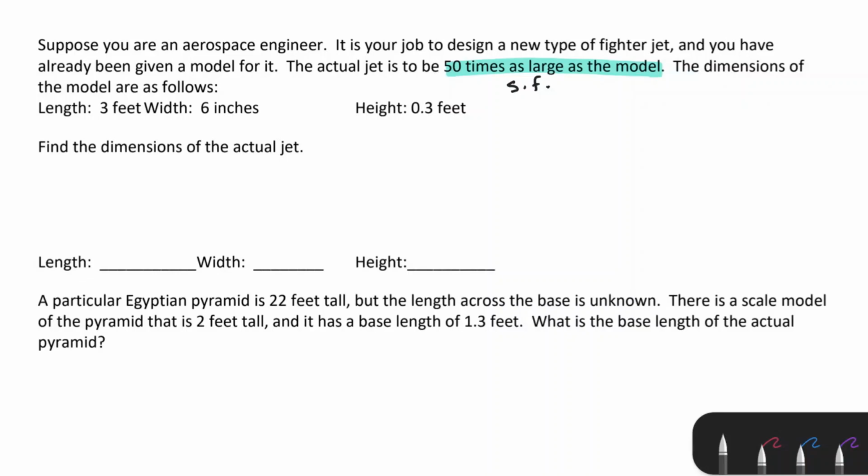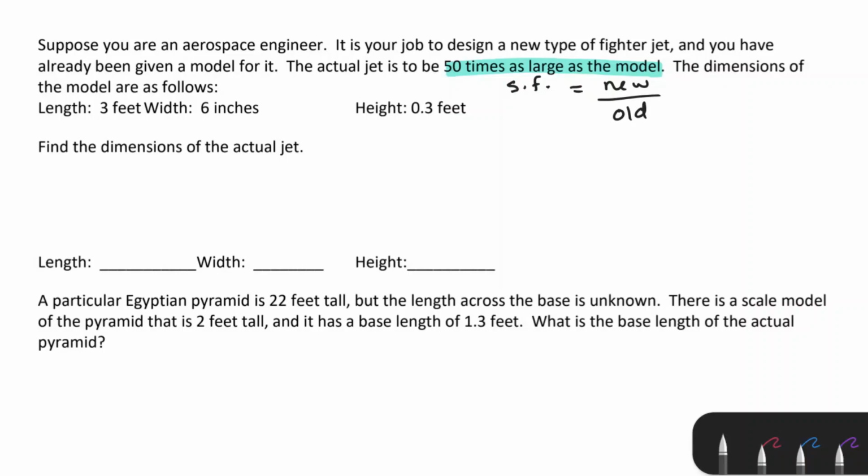The dimensions of the model are as follows. The length is 3 feet, the width is 6 inches, and my height is 0.3 feet. I want to find the dimensions of the actual jet. So again, scale factor is, and here's the thing, I'm going to use new over old, because in this case, the new is actually the real jet.